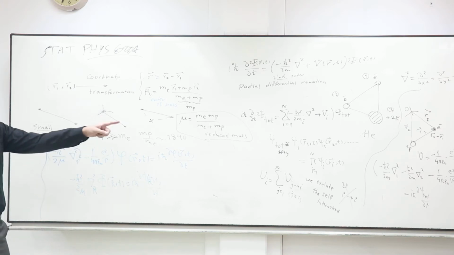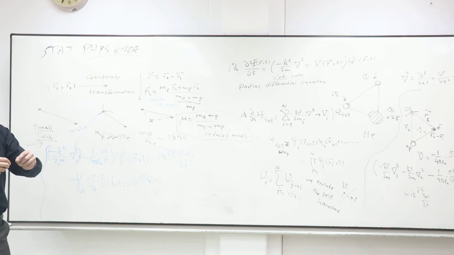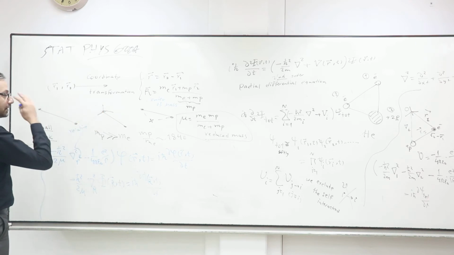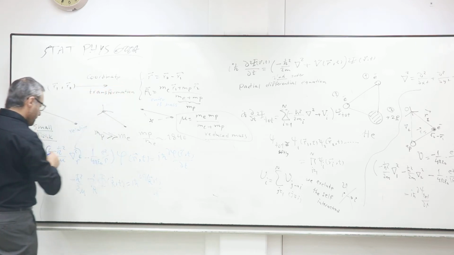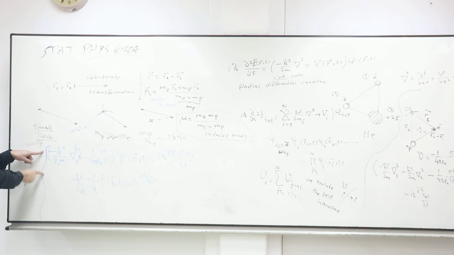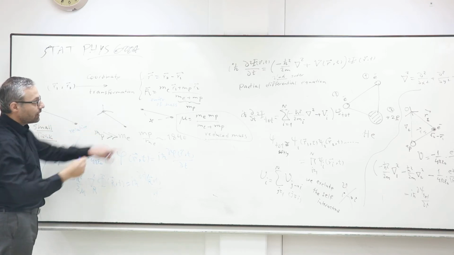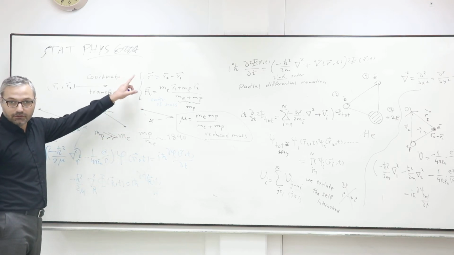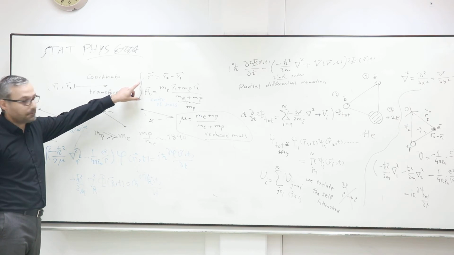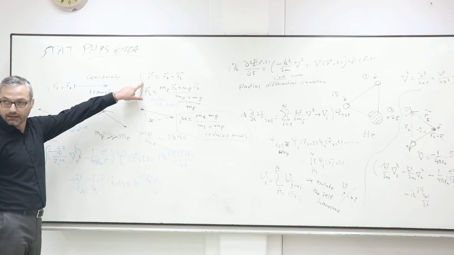We have one single equation for the system with two particles, electron and proton. We use the coordinate transformation and reduce the problem to two equations. In these two equations, instead of particle 1, you have the center of mass, and instead of particle 2, you have the relative position.